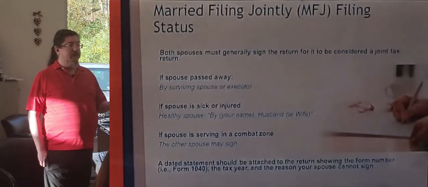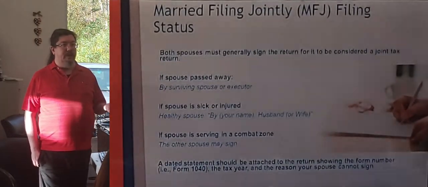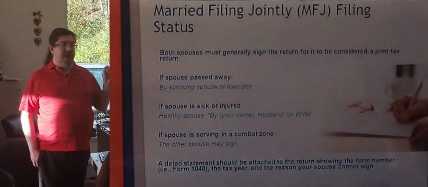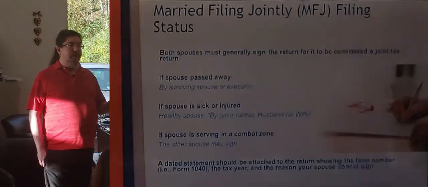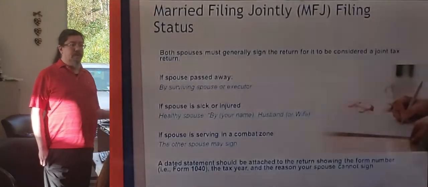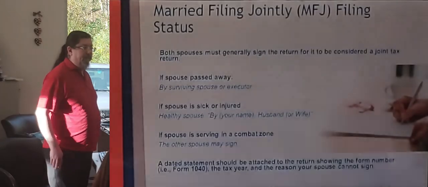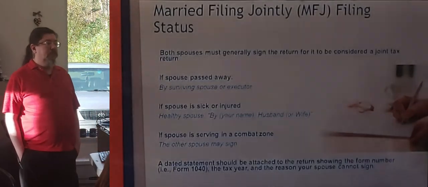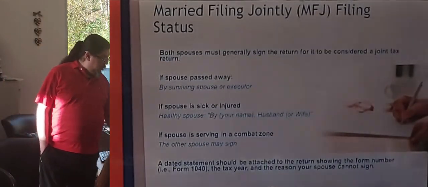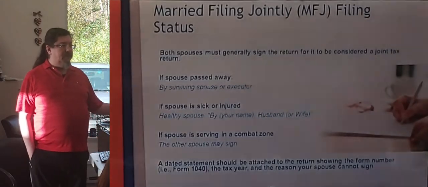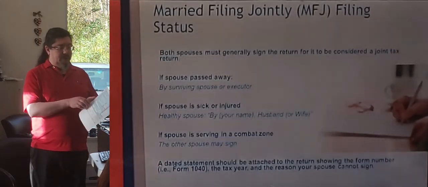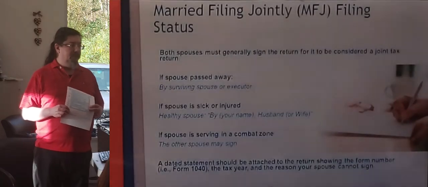Or in that case, you can also sign with a power of attorney. You can't technically sign the return itself, but you can sign the authorization to allow an electronic return to be filed. If you're going to mail the tax return to the IRS, the signature block has to be in ink.